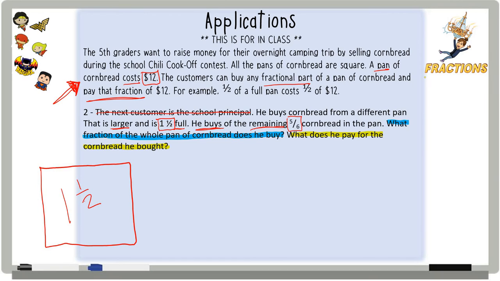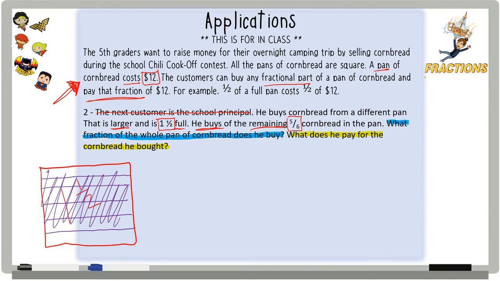Okay, so now you take that 1 1/2 and we are going to cut it into sixths. So I took this 1, 2, 3, 4, 5, 1, 2, 3, 4, 5, 6. Perfect. And we're only looking at this much of it.